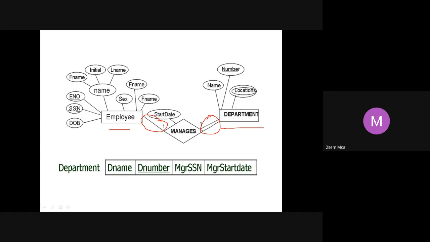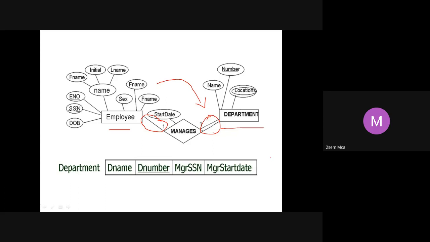So I will include the primary key of employee as a foreign key in the department table, because the department side is total participation. Whichever side has total participation, there you put the primary key of the other table as a foreign key.